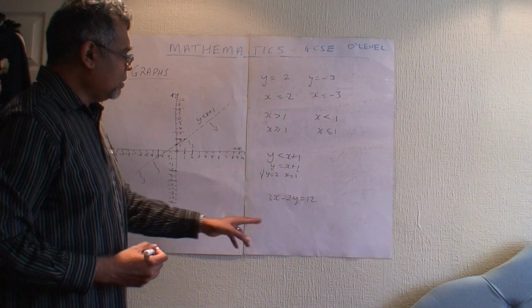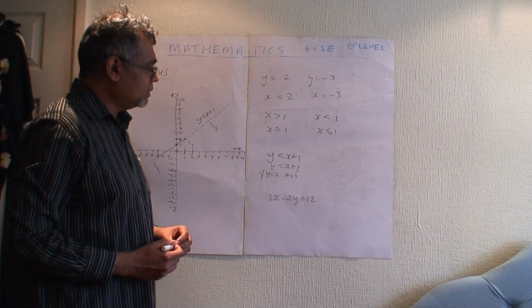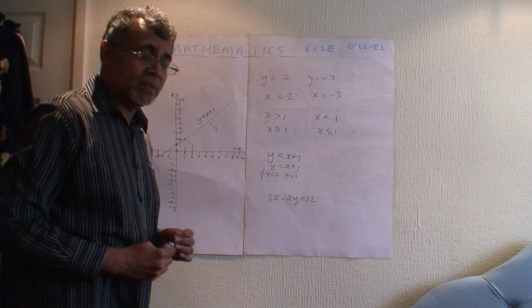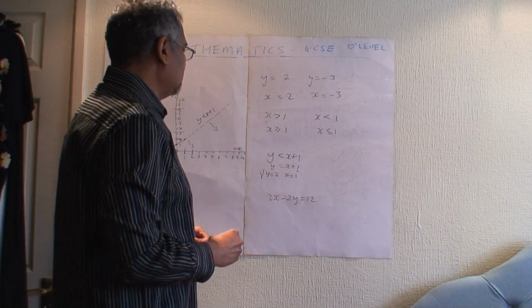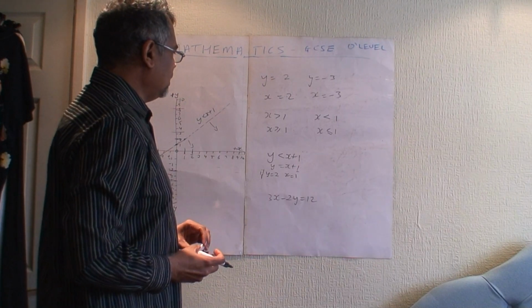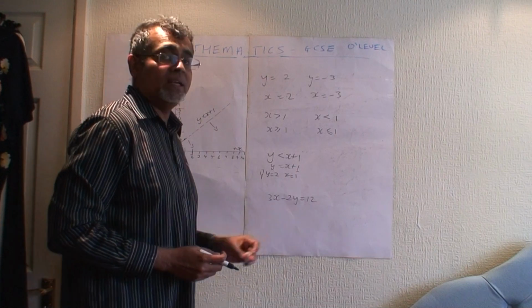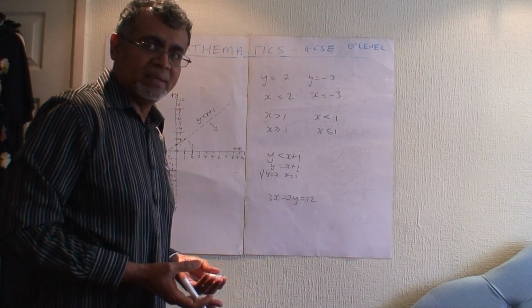Now we have another one here, 3x minus 2y is equal to 12. So we want to be able to plot this one. To plot this one, we need to find values for x and y.